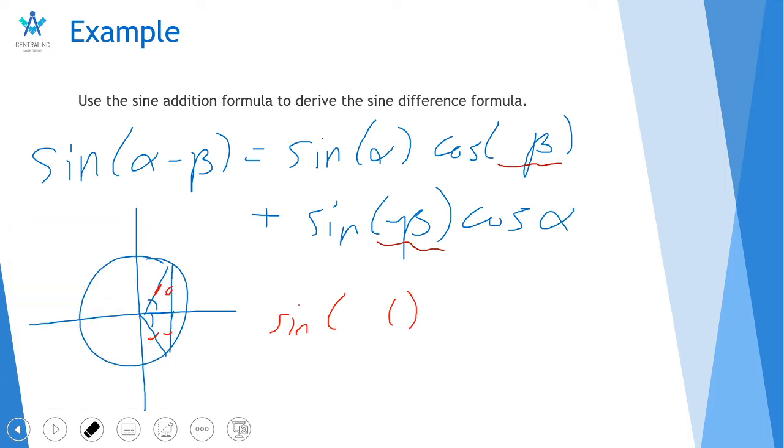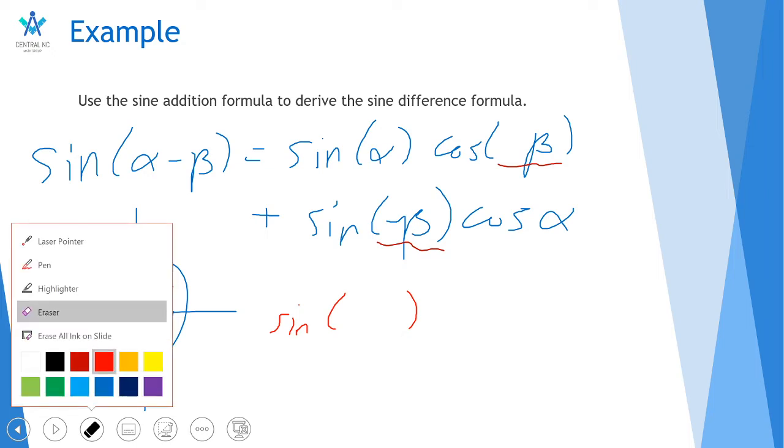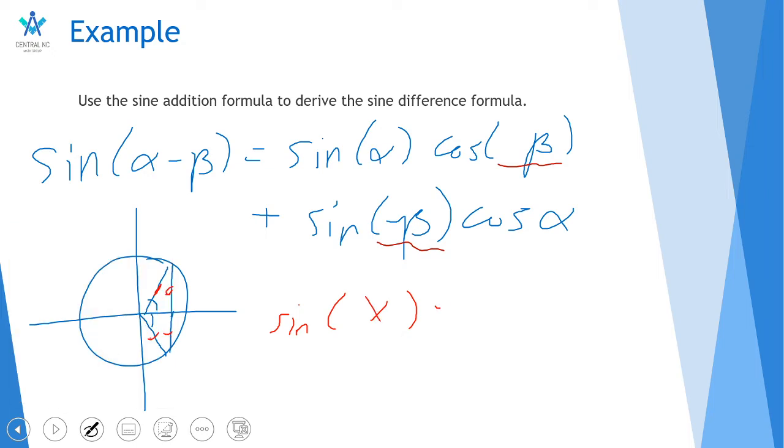we can say that sine of negative x is equal to negative sine of x. Because what we just saw here is that sine of negative x comes over as opposite over hypotenuse, and this is equal to the negative of the opposite over the hypotenuse.